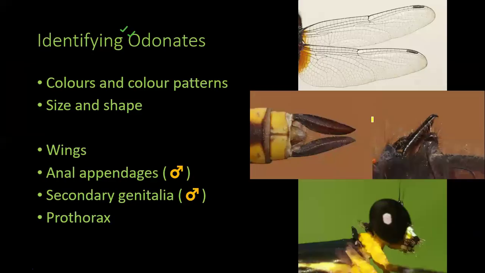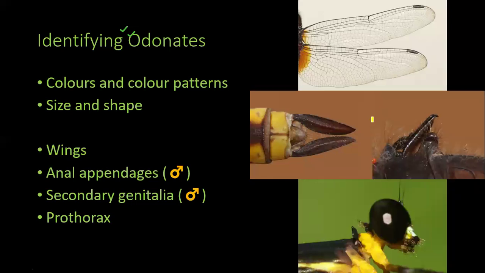Right. In a general sense, if you want to identify an individual of dragonflies or damselflies, look for colors and color patterns. In most species, I would say, at least in the Sri Lankan scenario, definitely close to 80% of the species you can easily identify if you are familiar with the colors and color patterns.